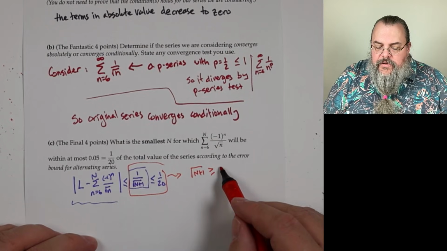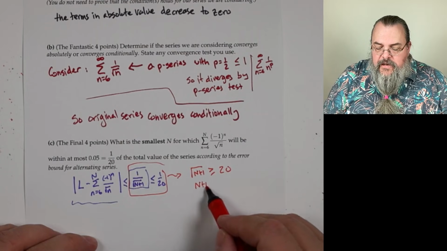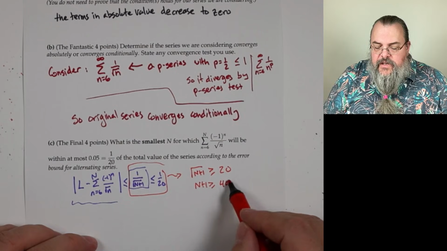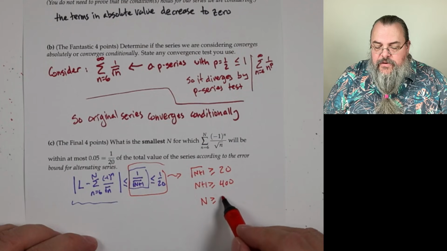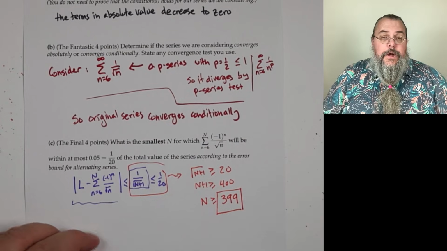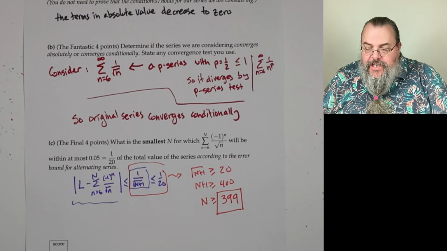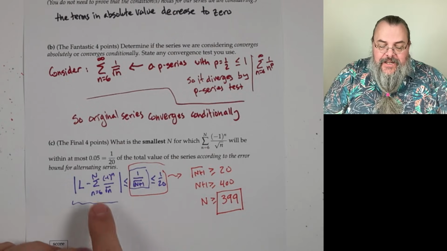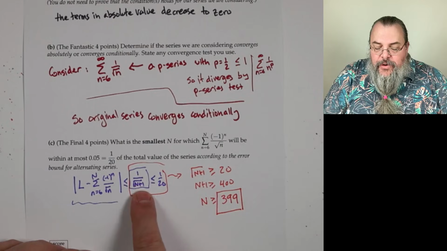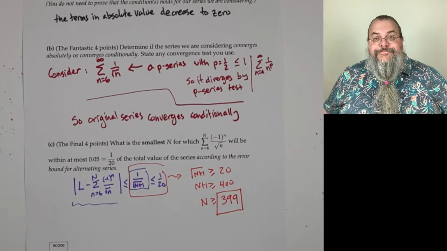So instead of less than or equal to, it's greater than or equal to. Square both sides. N plus 1 needs to be greater than or equal to 400. Subtract 1 leaves you with n has to be greater than or equal to 399. So by the time we have added up to our 399th term, we're guaranteed that our error is at most the next term, which is 1 over 20.